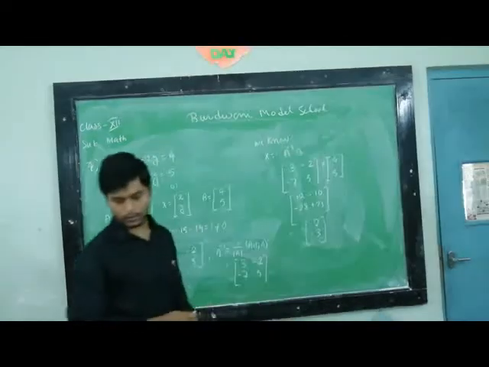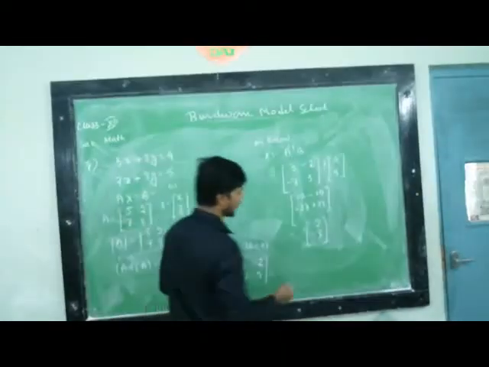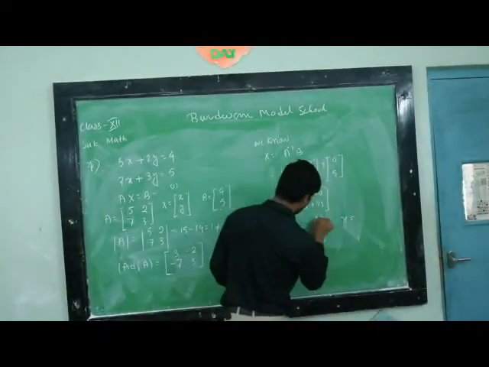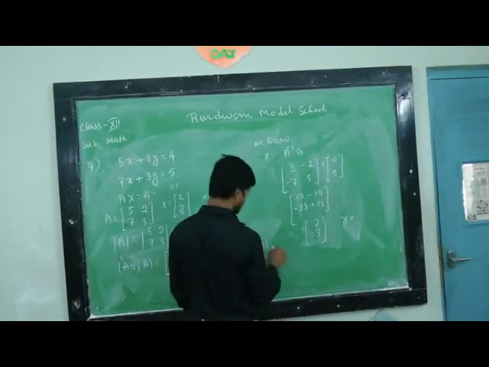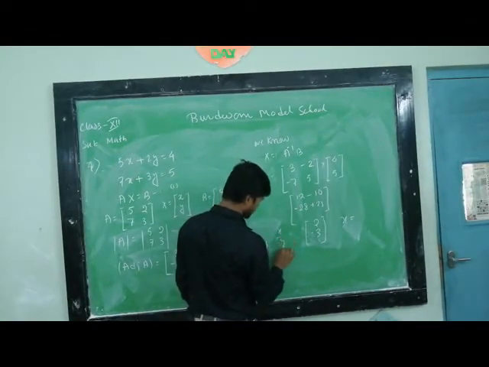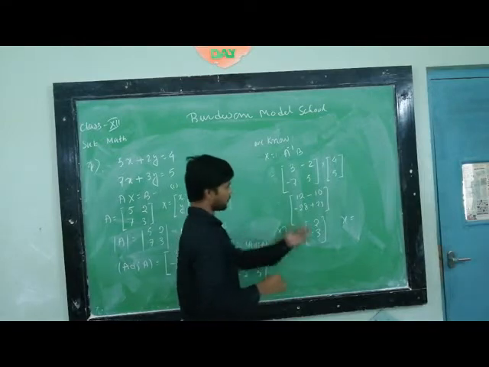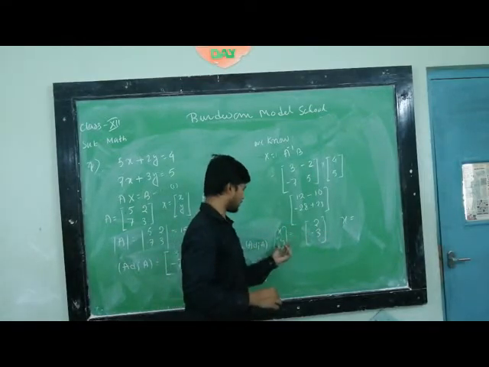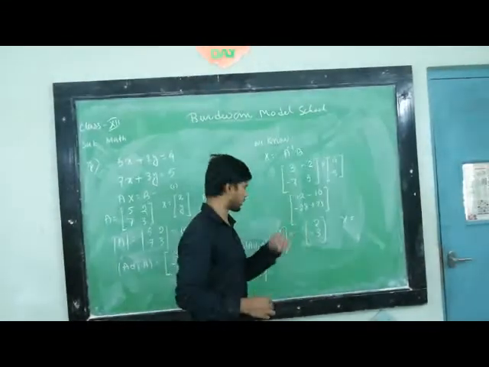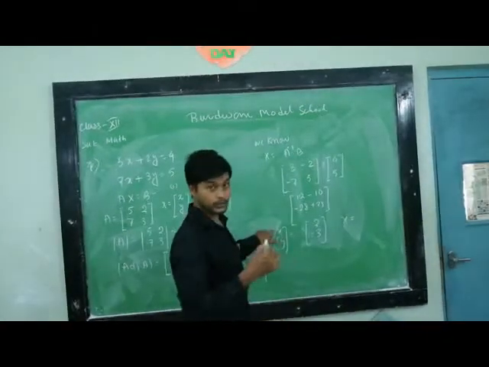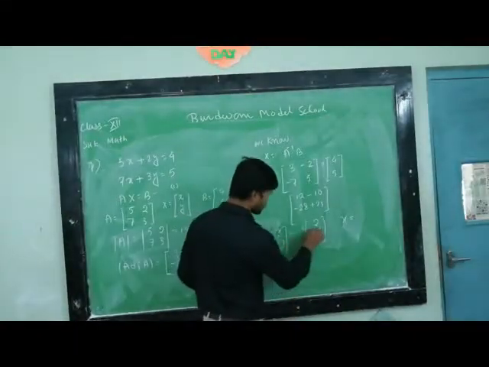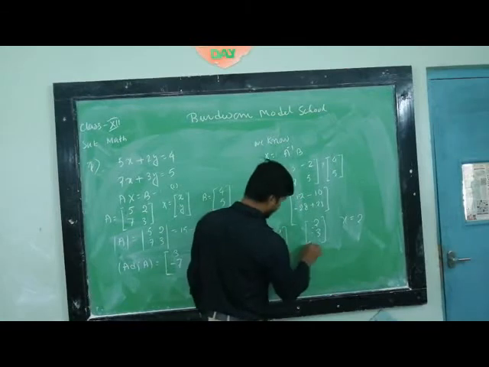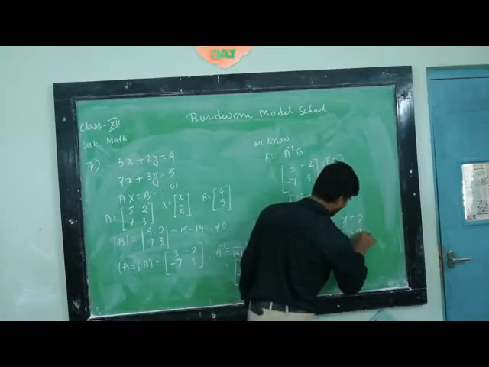So X is the matrix x comma y, and if these are two equal matrices, we know that the corresponding entries are equal, so x will be equal to 2 and y will be equal to minus 3.